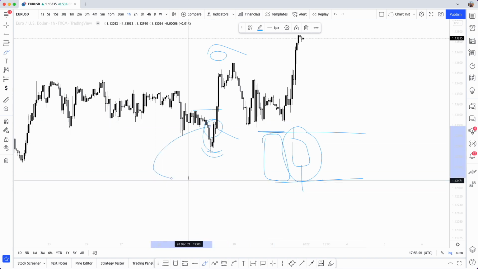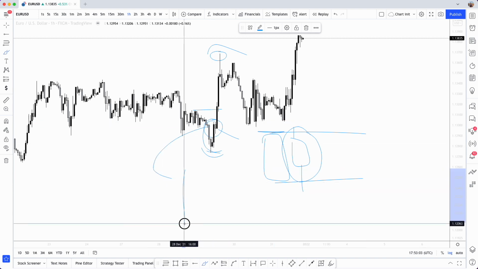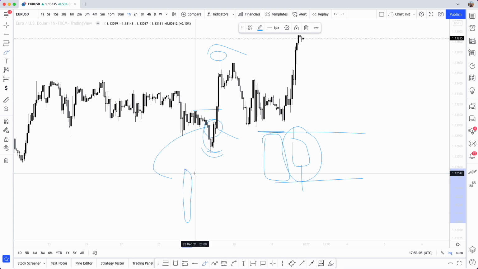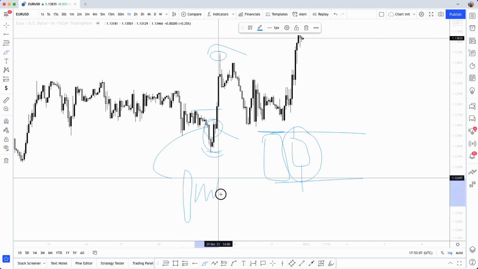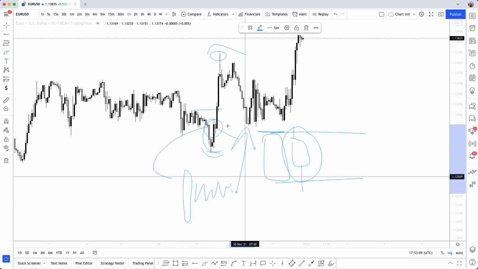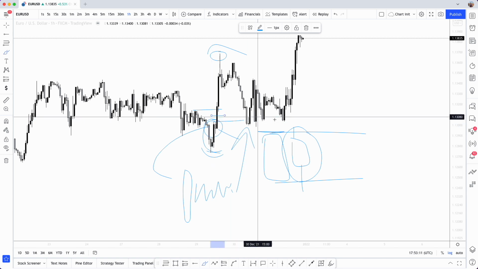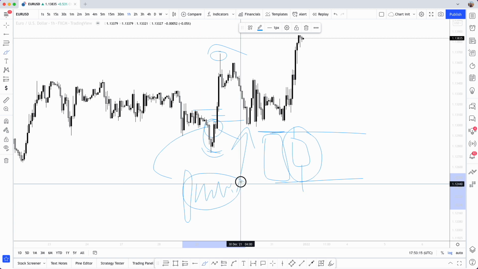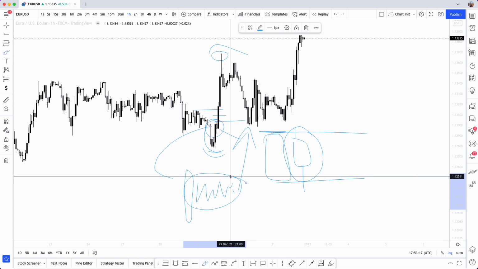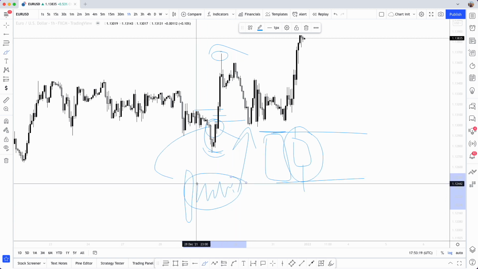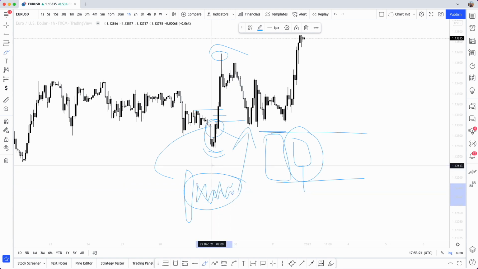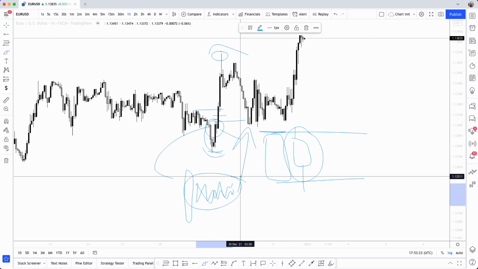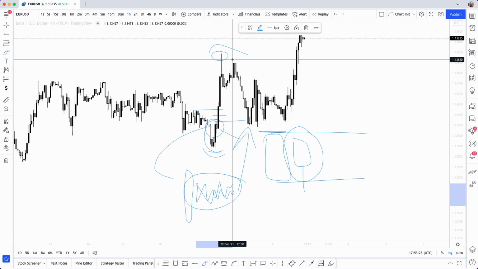Then we have that impulsive move and we have price inefficiency. So what this tells us is that this is where the institutions are collecting their orders, and we know that there's sell orders here, for example, to make this an OB, and then it goes on to break structure.